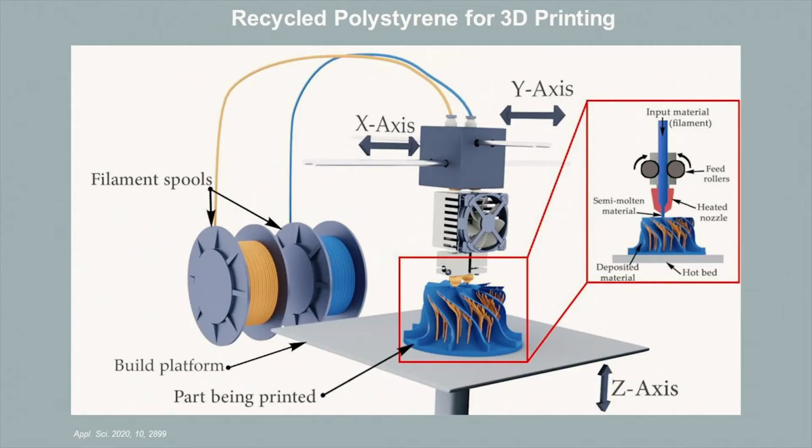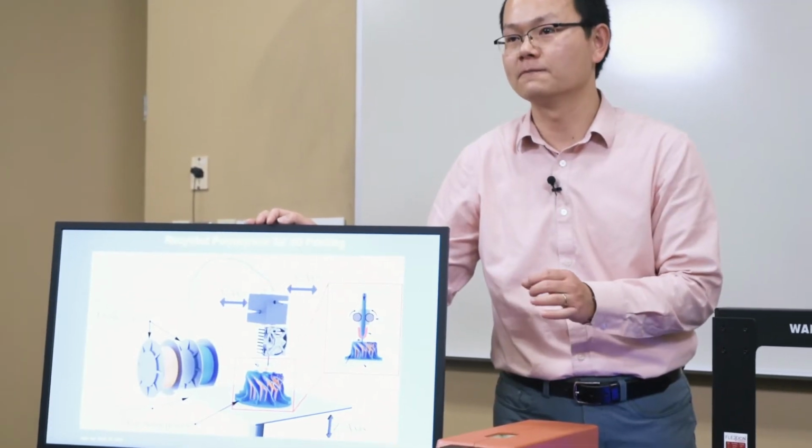This printing head is automatically controlled by the software, so it can move in the X and Y directions. Also, this printing head has a heating cartridge so that your filament is melted and then extruded through a very small nozzle at the end. The nozzle diameter is usually about 0.4 millimeter.